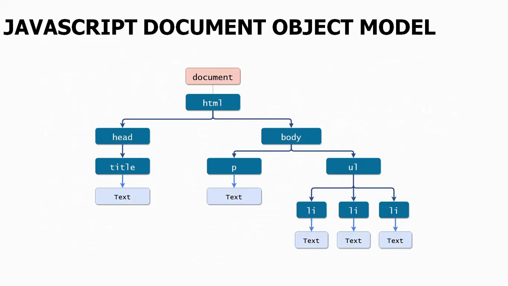The head has the title and text, then the body has a paragraph or a list. Under the list you have list items 1, 2, 3 and so on, N times, in which you include your text. These are examples of a block diagram of the document object model.